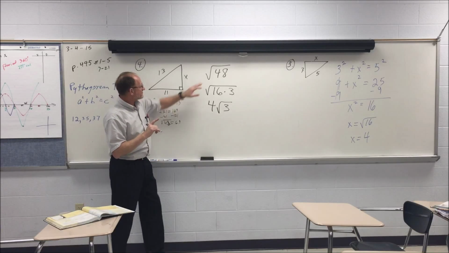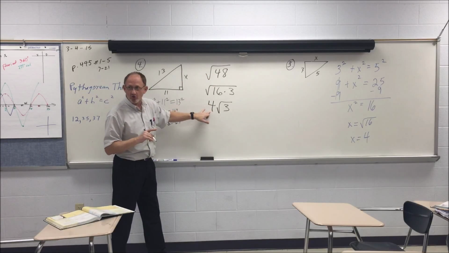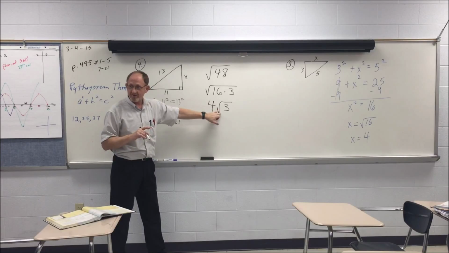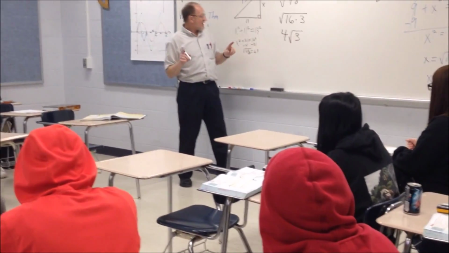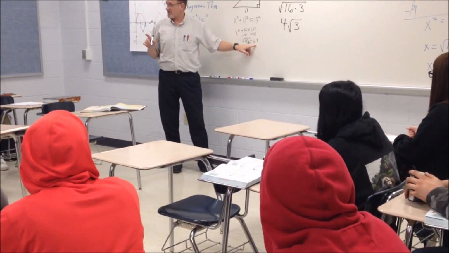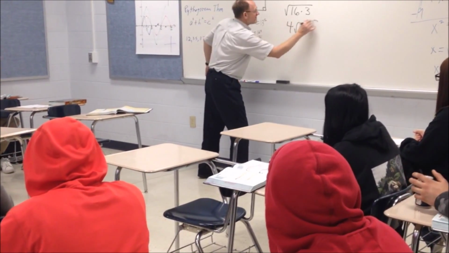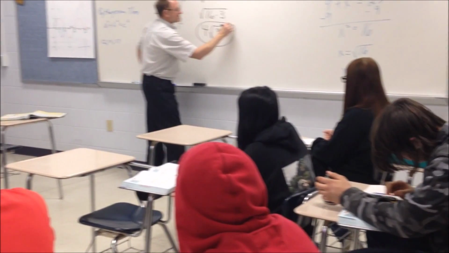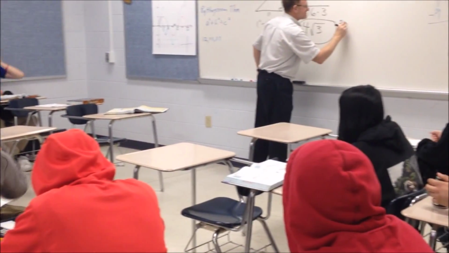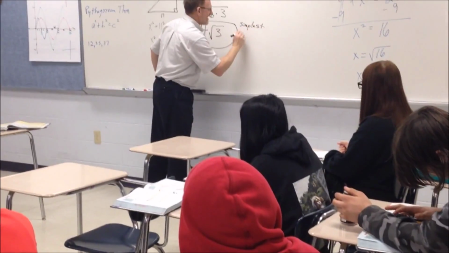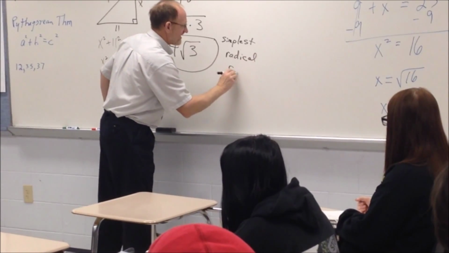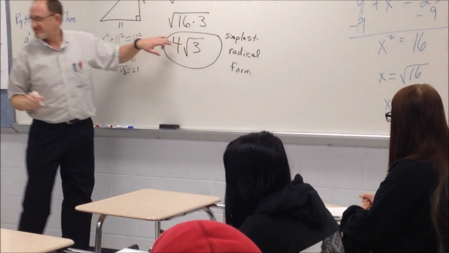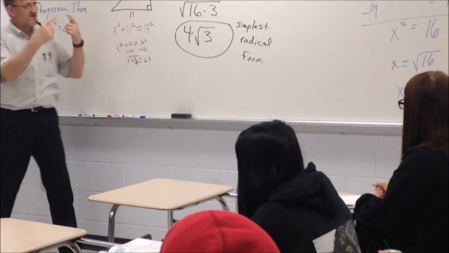So I could write the square root of 48 as 4 times the square root of 3. And if you check that on your calculator, it also comes out to be 6.9. So this is just another way of writing it. This is called simplest radical form, because radical is a square root. Simplest radical form is 4 square root of 3.